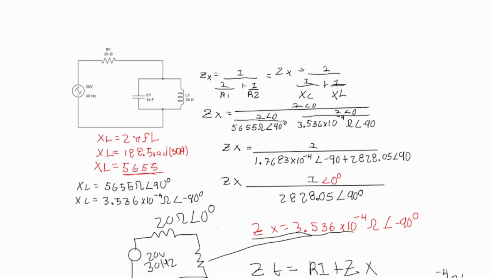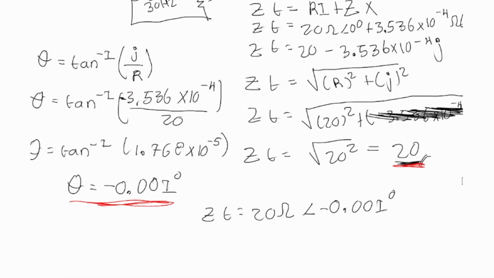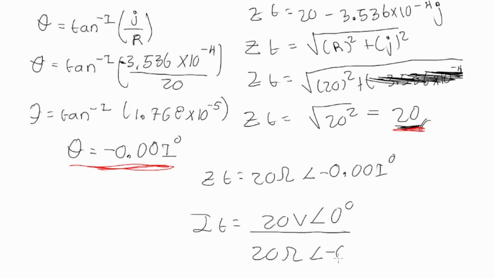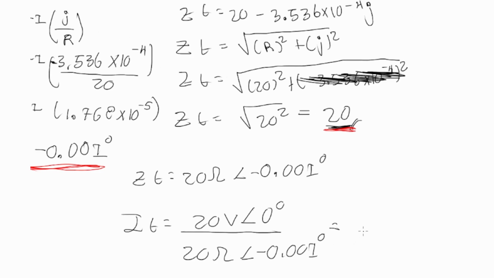Now if we want to find the total current, we just divide the voltage by this value. So the total current will equal 20 volts with a phase angle of 0 divided by 20 ohms with a phase angle of minus 0.001 degrees. So we can say that the total current will equal 1 ampere.